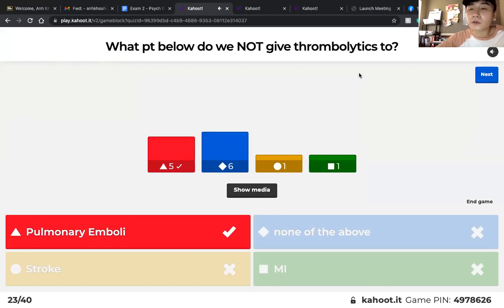All right, so thrombolytic or TPA. You guys remember TPA? TPA is often used for stroke and MI. We don't use TPA for pulmonary emboli. What do we use for pulmonary emboli? Heparin and warfarin.